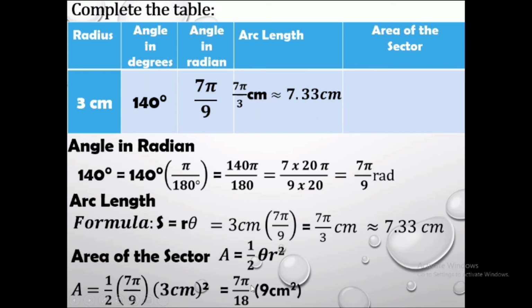So we have 7 pi over 18, then the square of 3 cm is 9 cm squared. So we are going to cancel 9 and 18 by their GCF, which is 9. So the answer is 7 pi over 2 cm squared, approximately 11 centimeters squared.